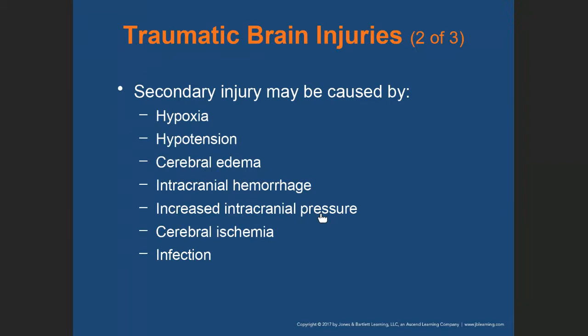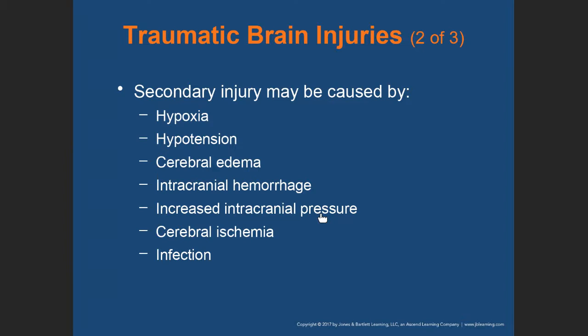And a patient with a head injury cannot have their cerebral perfusion pressure drop. They need cerebral perfusion pressure. In other words, they cannot have a systolic pressure that's less than 110. Your systolic should not be allowed to go below 90. They're going to be in trouble.